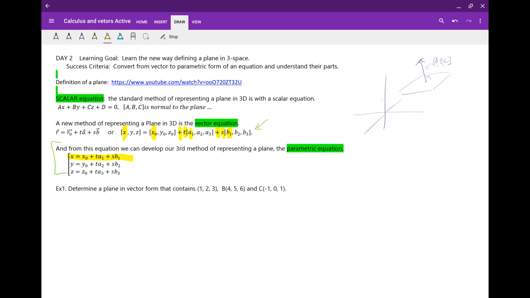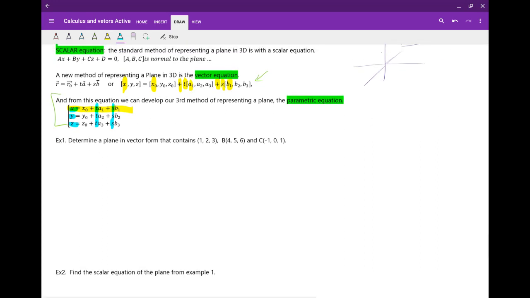You can find all the x coordinates of your plane by choosing a t and an s, and then you place the corresponding t and s in here and here, and you end up finding a coordinate triple, okay?